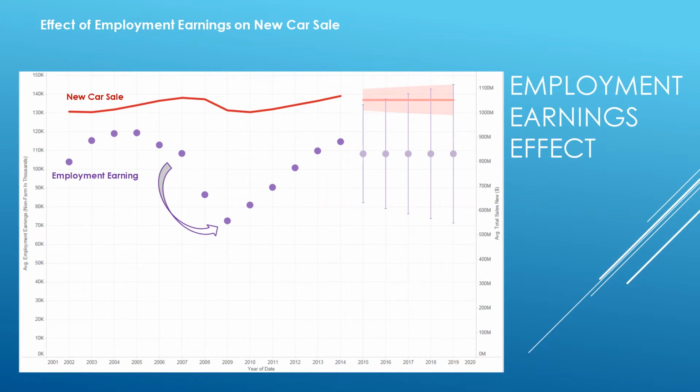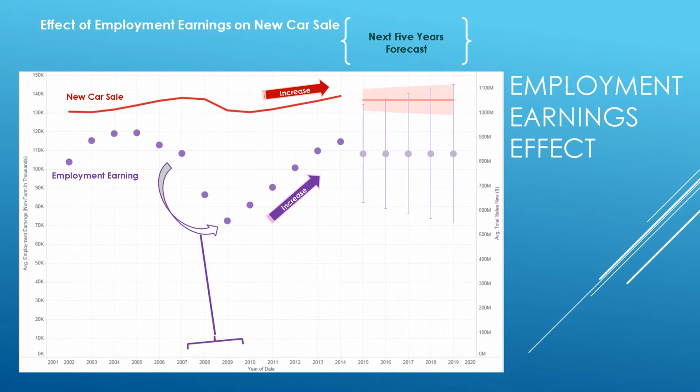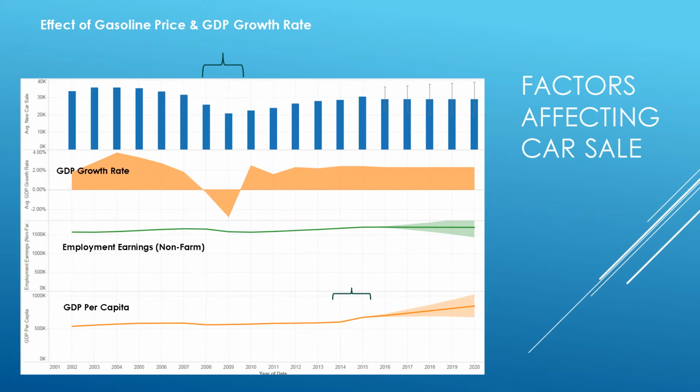When employment earnings were down during the 2008, 2009 recession, and then the economy recovered after the recession, the new car sales numbers also increased. That means it's directly tied to that. In the next 5 years, we would see somewhat similar trends there.